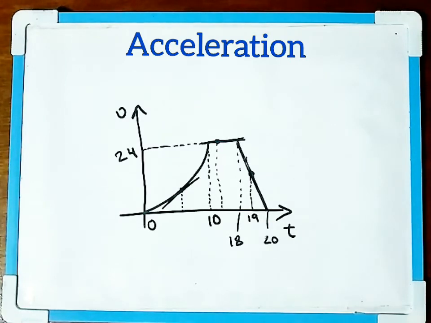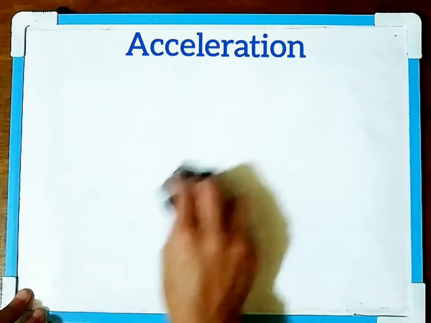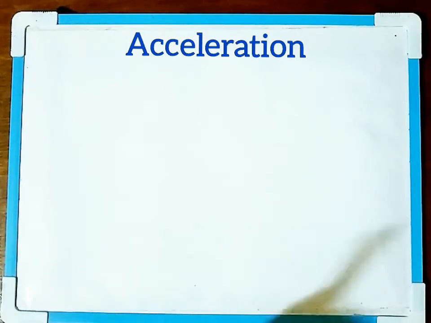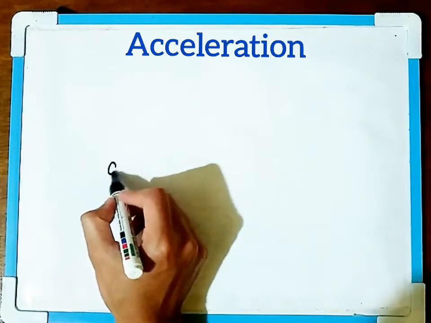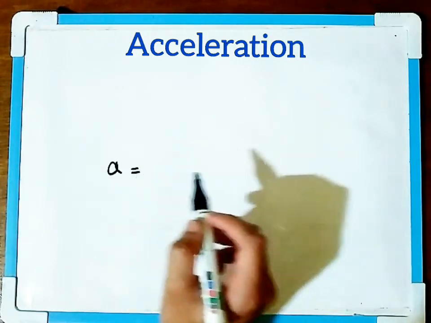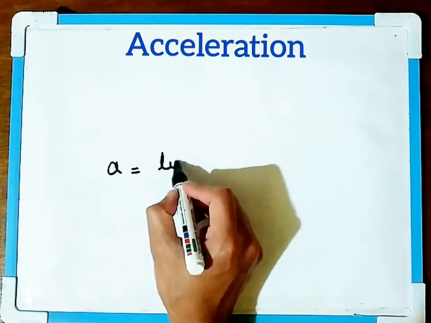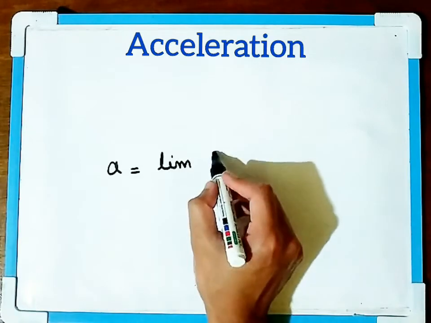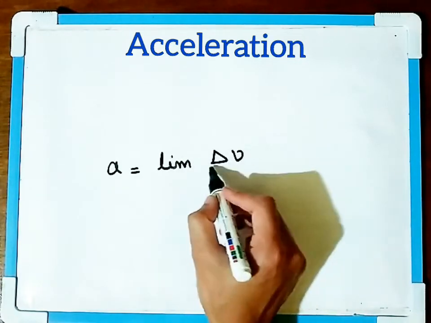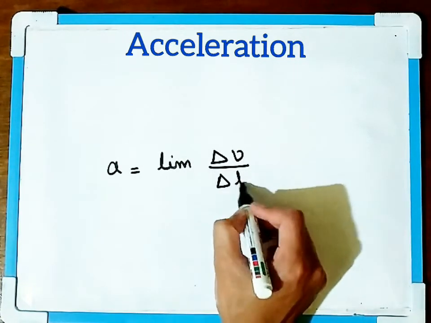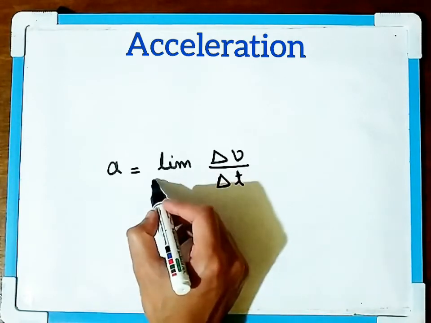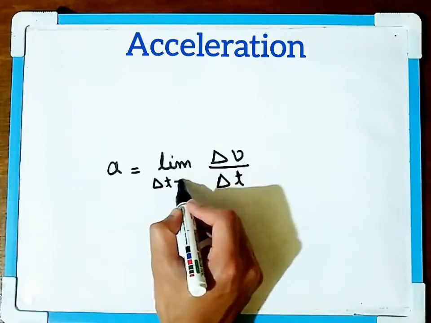And this instantaneous acceleration, mathematically you can express as the limit of the average acceleration, which is delta v by delta t, as delta t tends to 0.